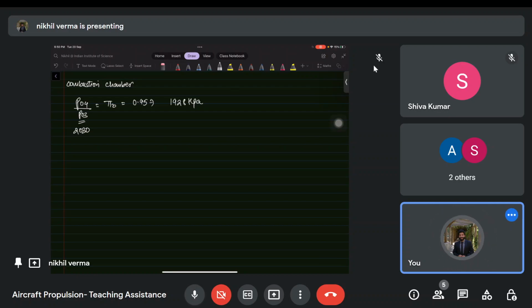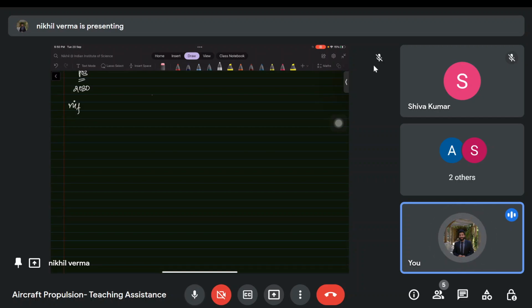To calculate the mass flow rate of the fuel, you have to do an energy balance across the combustion chamber. So you have m dot hot stream, which is the mass flow rate after the combustion chamber. This is the combustion chamber, this is after the compressor, and you have the mass flow rate of the fuel.